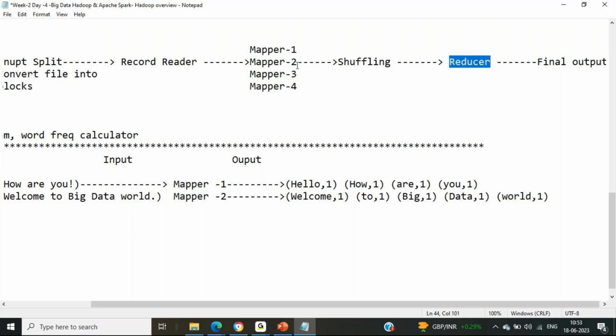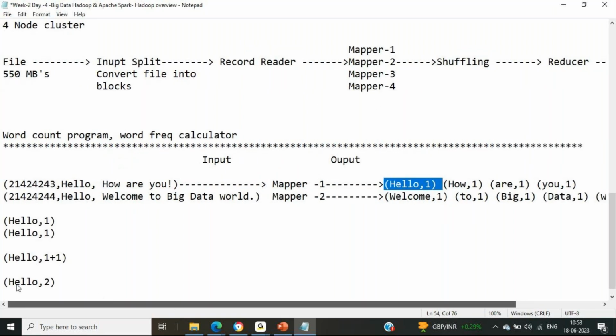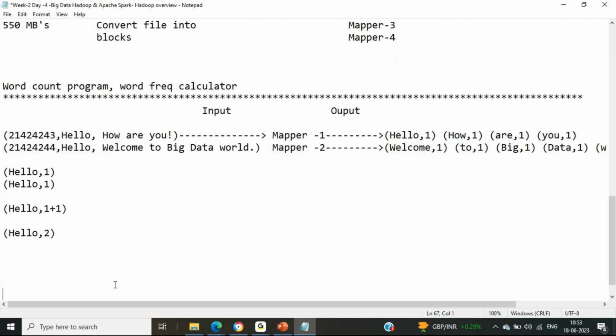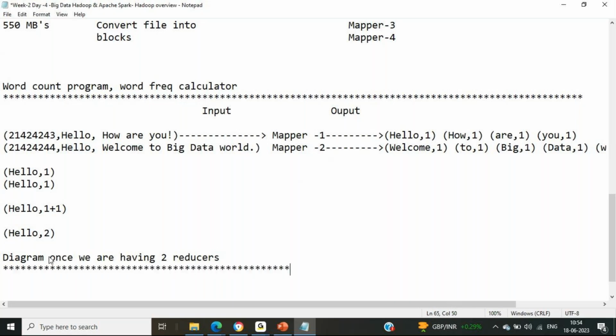So if hello is moving, let me try to map it in other words with a diagram. Say we are having two reducers, and we can decide how many reducers we want to have for our functionality.